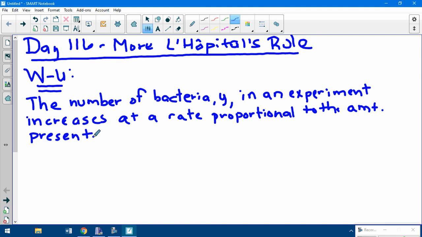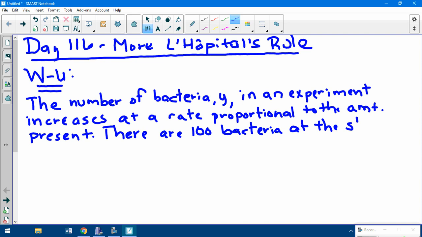There are 100 bacteria at the start of the experiment, and after 2 hours, there are 150 bacteria.